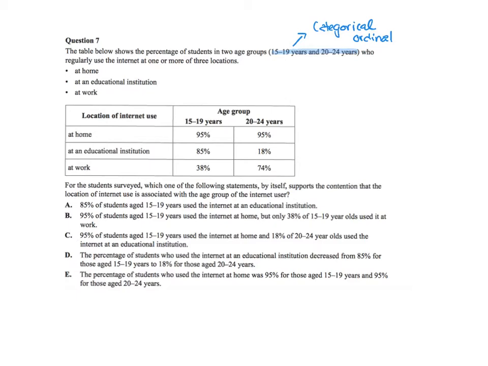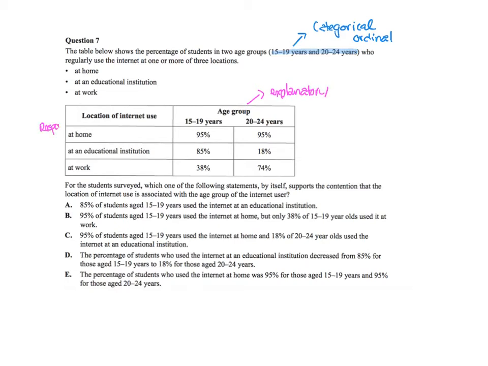Okay, so the table shows percentage of students within two groups who regularly use the internet at one or more of the three locations: home, education institution, and at work. So we're having a look here. This age group, I would say this is the explanatory. We can't change that. And this is the response.